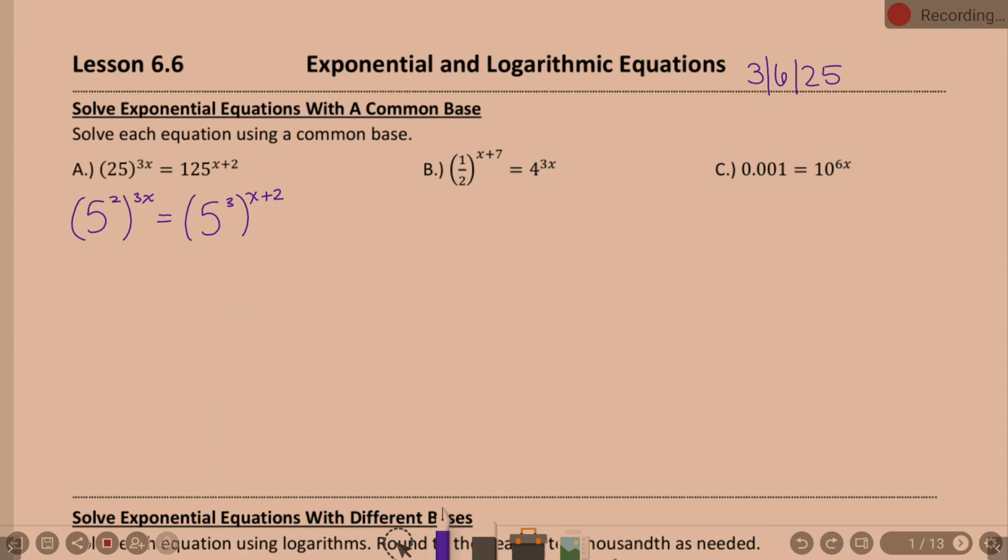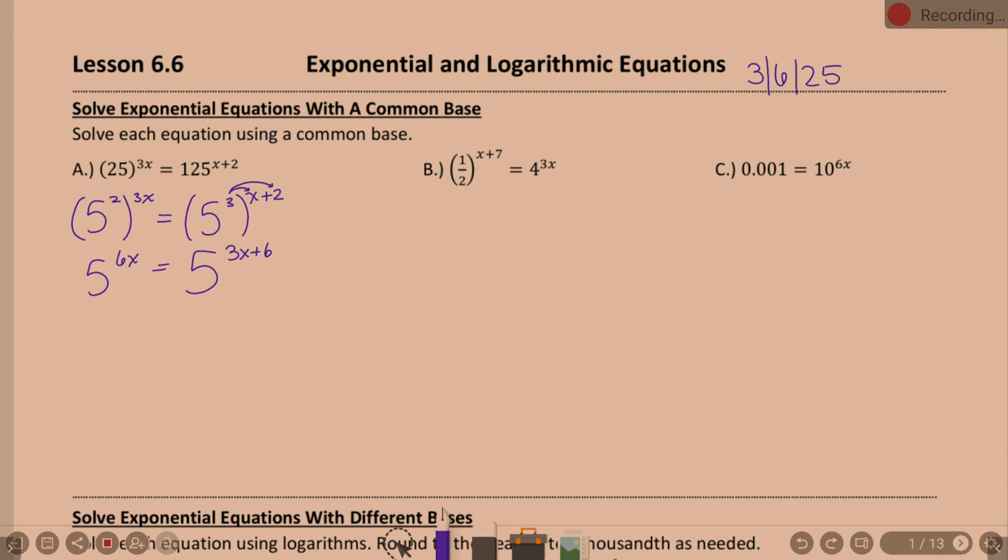But this is a power raised to a power, so we multiply. On the left, it becomes 5 to the 6x. On the right, same thing, a power raised to a power, so we multiply. It becomes 5 to the 3x plus 6, because you took the 3 and distributed it.